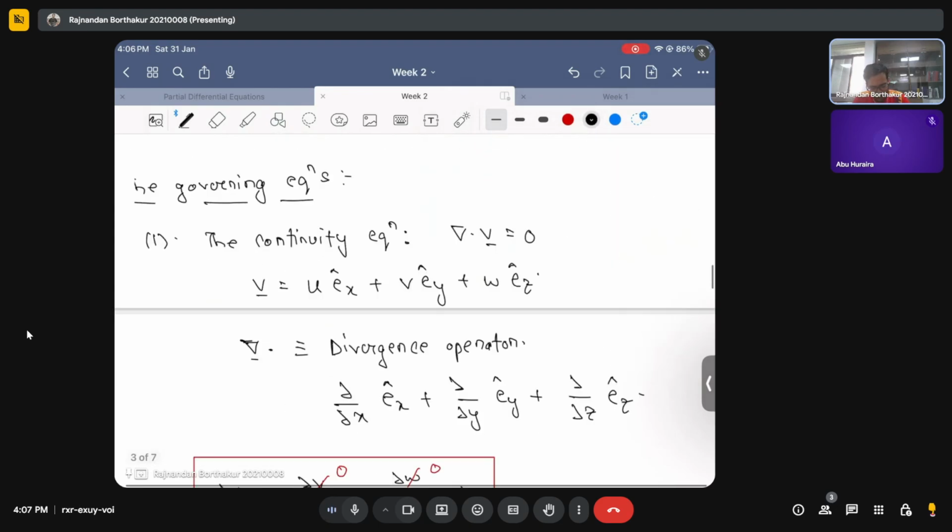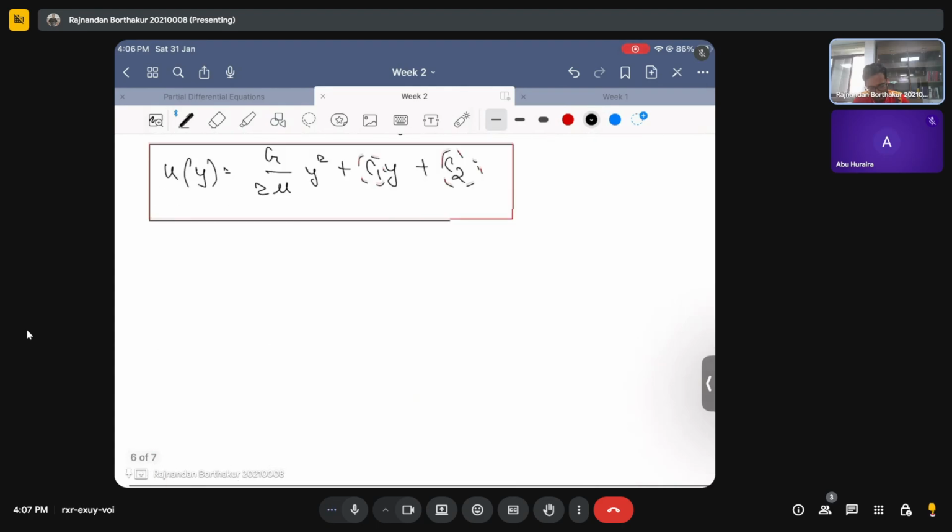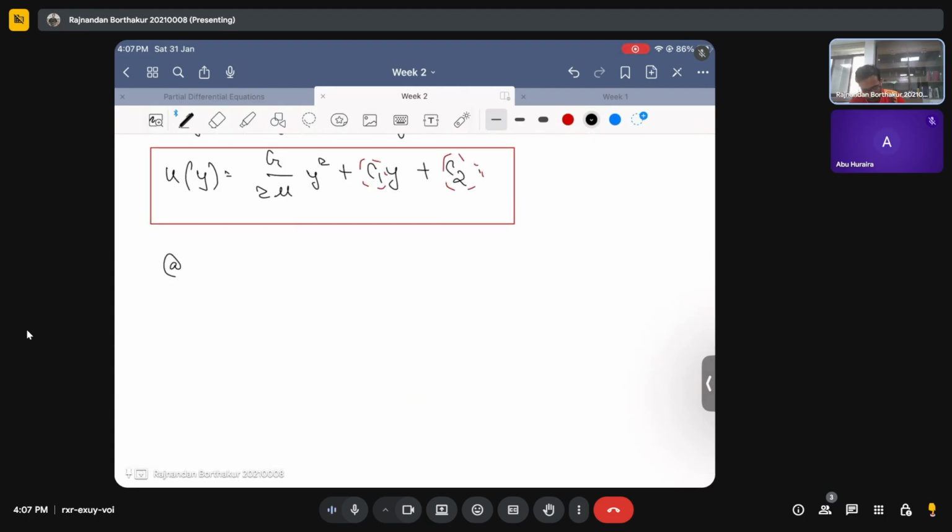So let's apply this. We know that u at y equal to 0 is equal to 0, because my lower plate is stationary, and I'm using the no slip boundary condition as I just said.